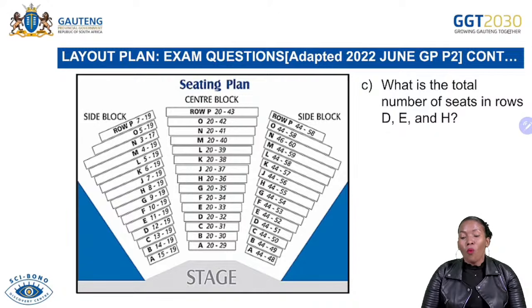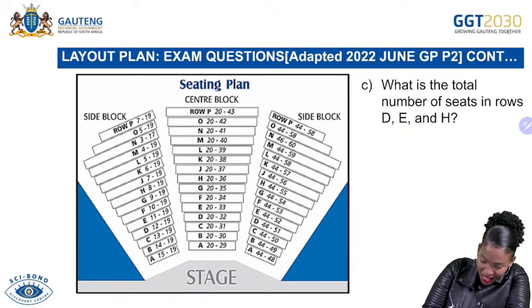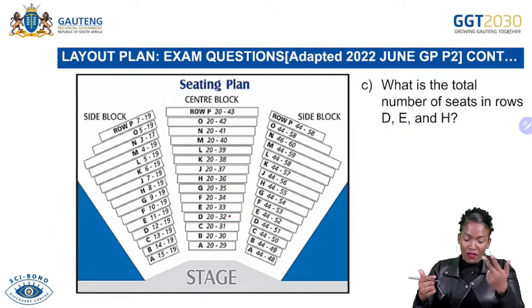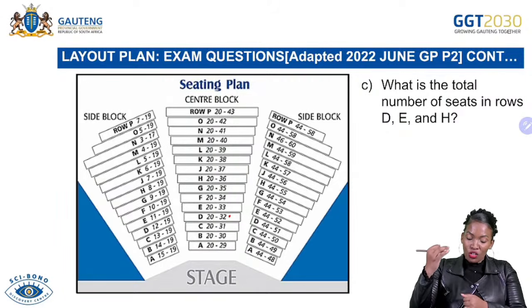C. What is the total number of seats in rows D, E, and H? Let us start here. In row D, how many seats are here? We said it's 20, 21, 22, 23, 24, 25, 26, 27, 28, 29, 30, 31, 32.